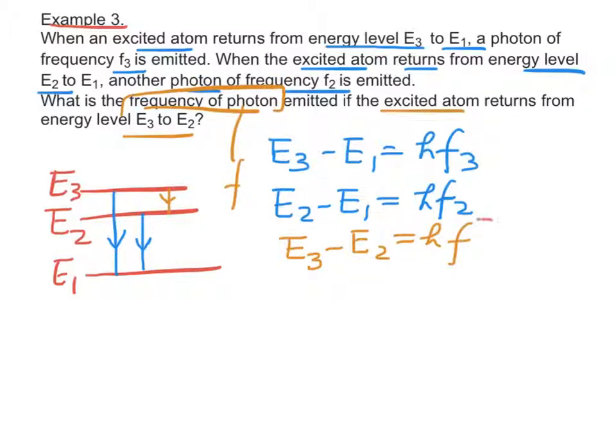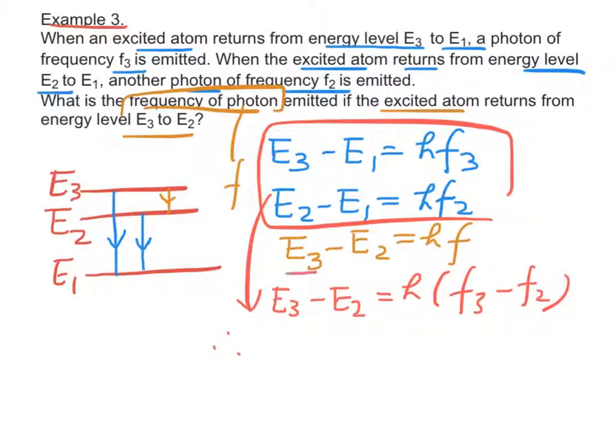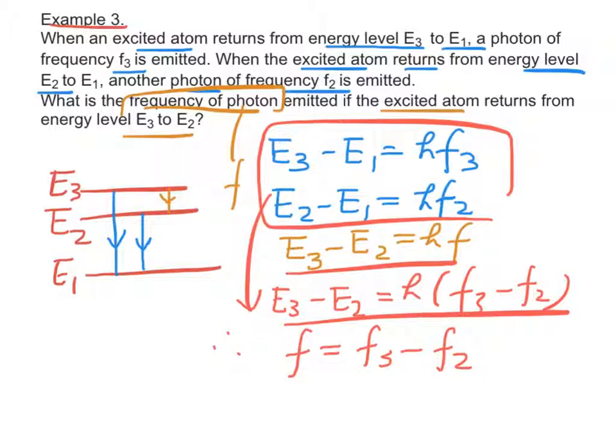From these two equations, we get E3 minus E2 equal to h(f3 minus f2). Therefore, comparing these two, we got f equal to f3 minus f2.